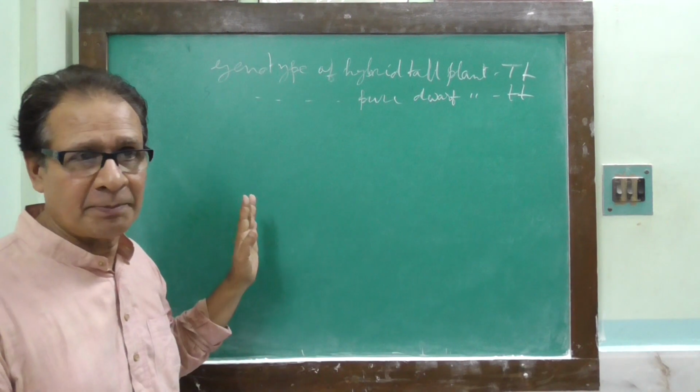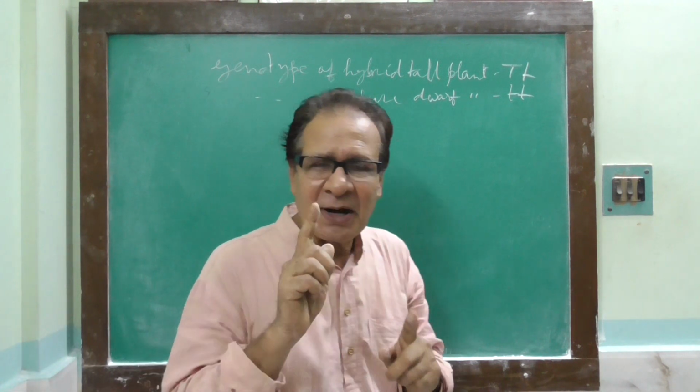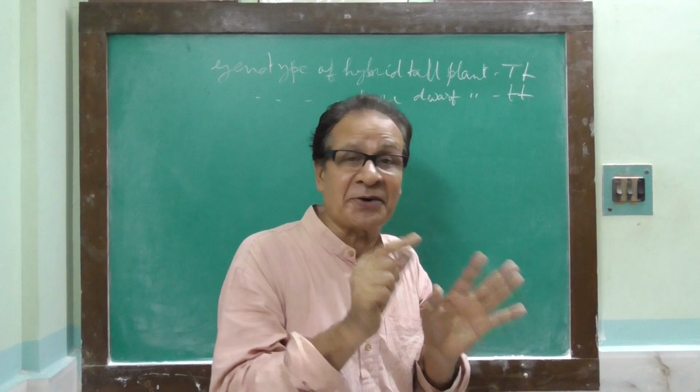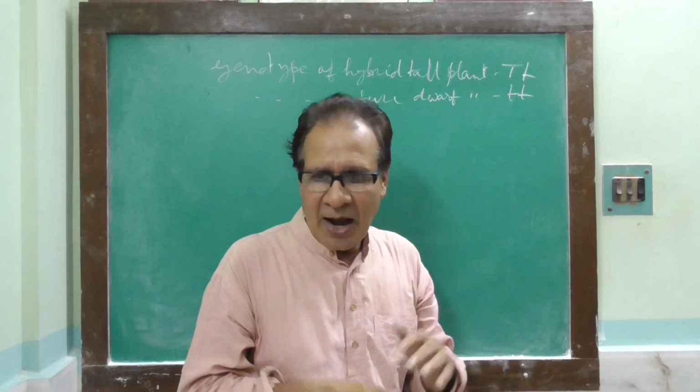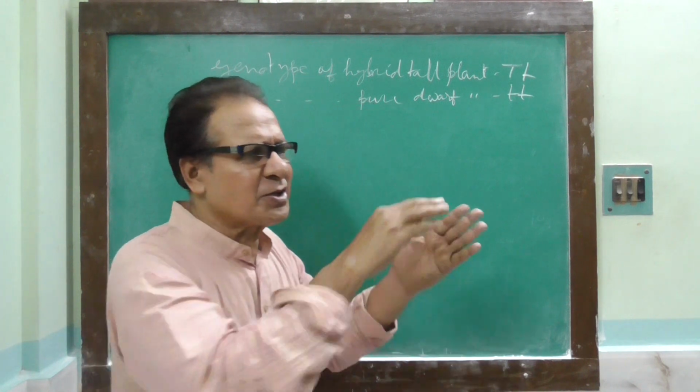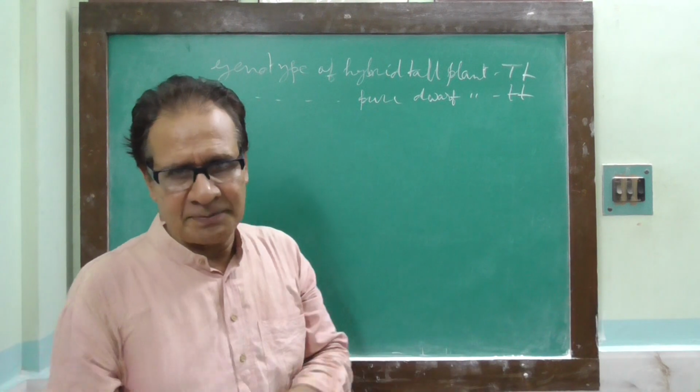Here there is no problem. In other cases, if a capital letter is given after the trait in brackets, that means this trait is dominant. Otherwise, it is said that this trait is completely dominant over the other.